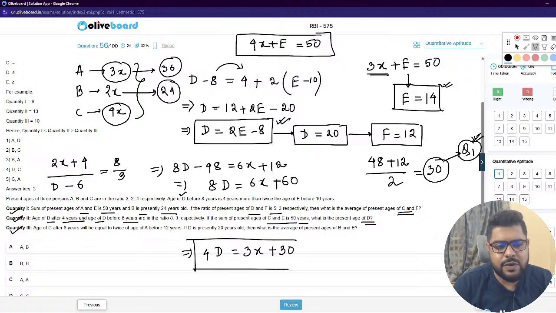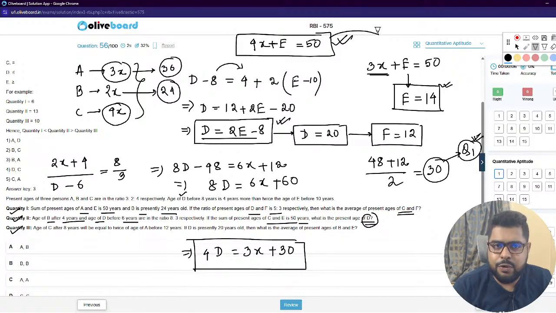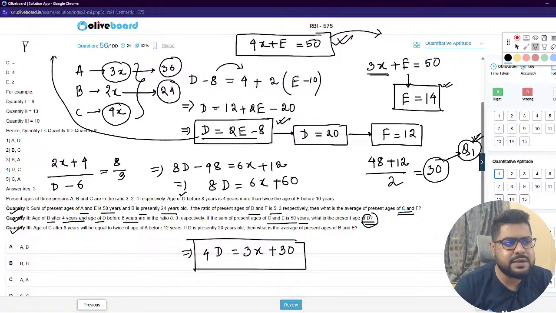This is one equation and this is another equation. Now, how to cancel? You can eliminate using D and E, as the relation between D and E is given to you. I need D, so I'm keeping D and eliminating E. From this equation, E is equal to (D plus 8) divided by 2.